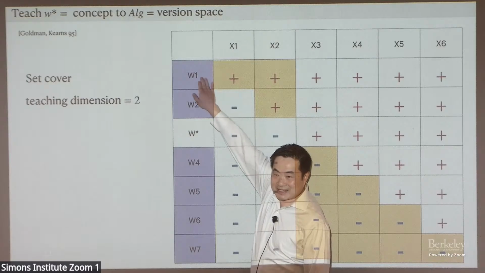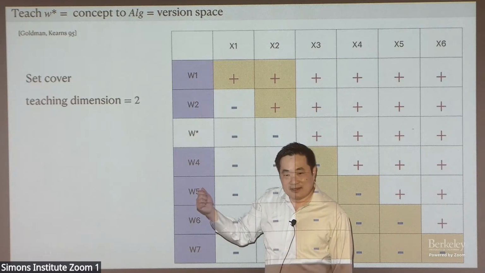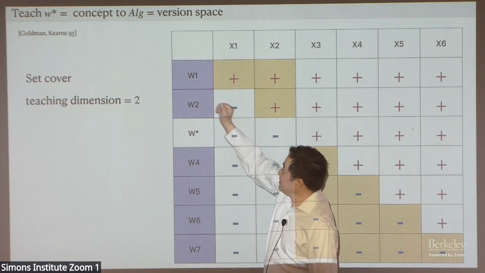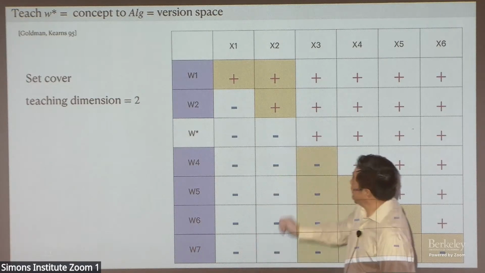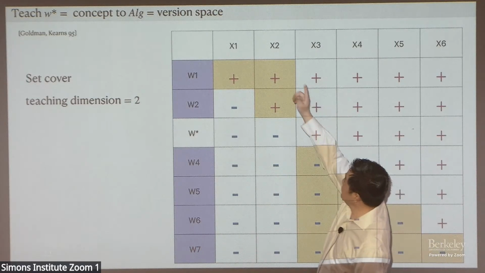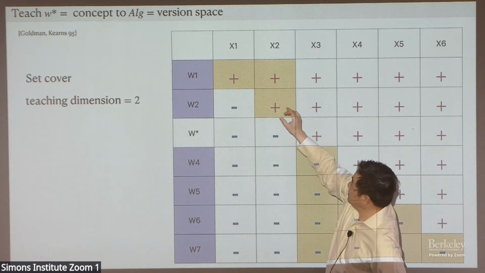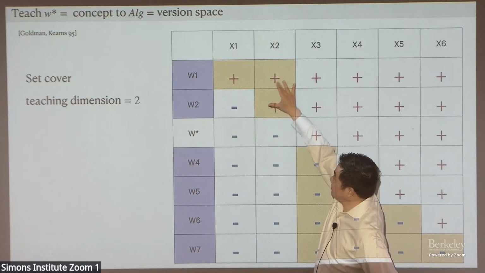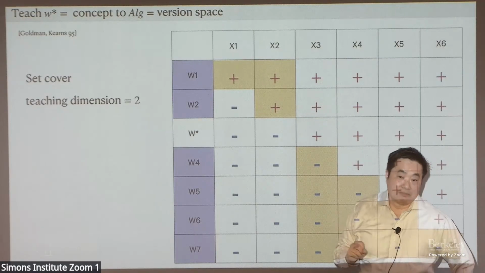So X1 is equivalent to the subset containing W1. If I use X1, that is like saying I have a subset, W1, that I can use to cover this universe. Instead, if I use X2 and the true label negative to teach, I can eliminate W1 and W2. So the subset of W1, W2 is the subset induced by X2.